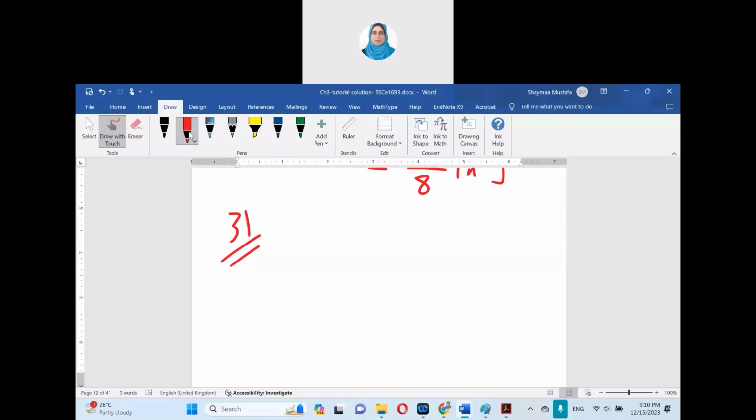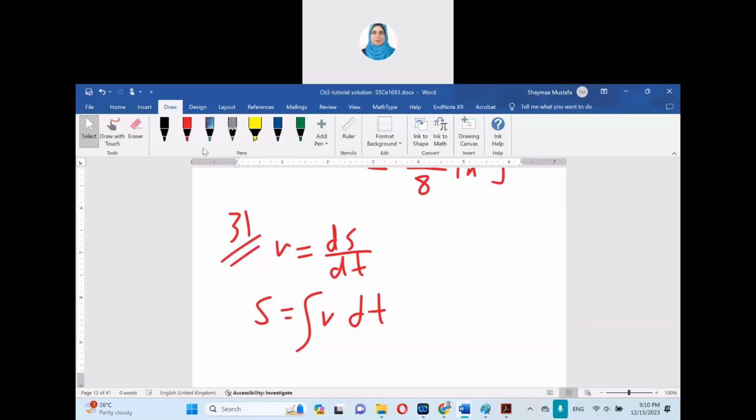In physics, velocity is the derivative of displacement. Usually velocity is equal to ds over dt. So to find s, you have to integrate v dt to find the displacement.